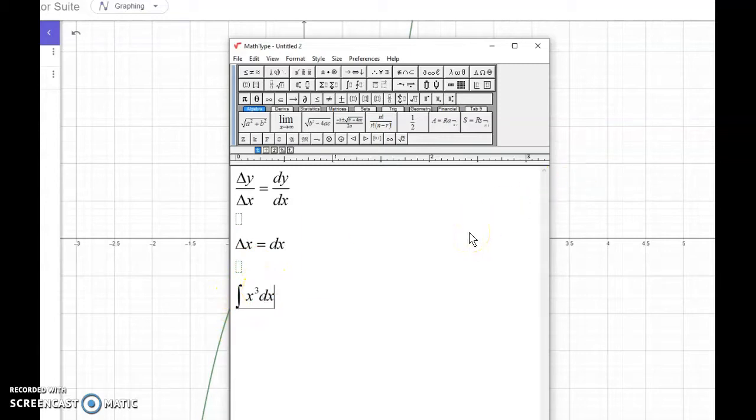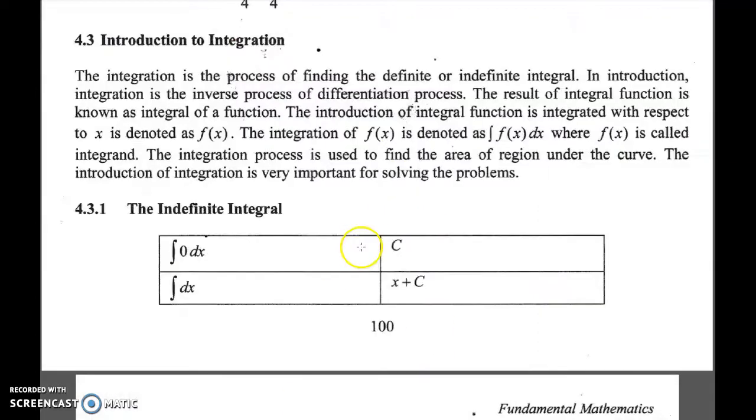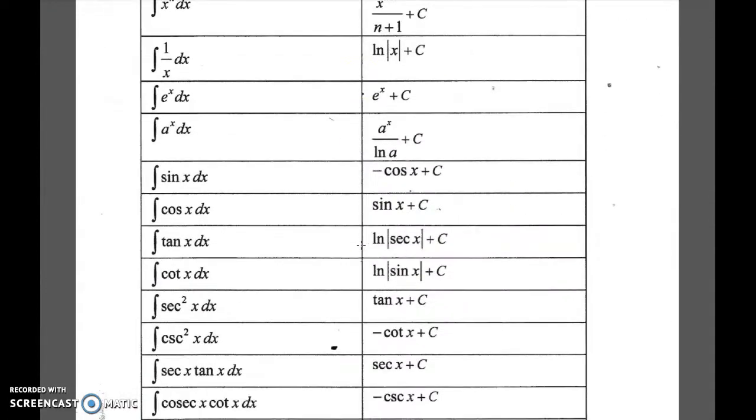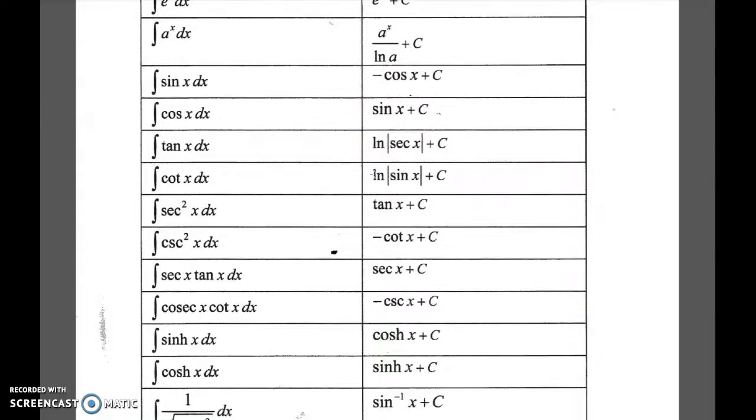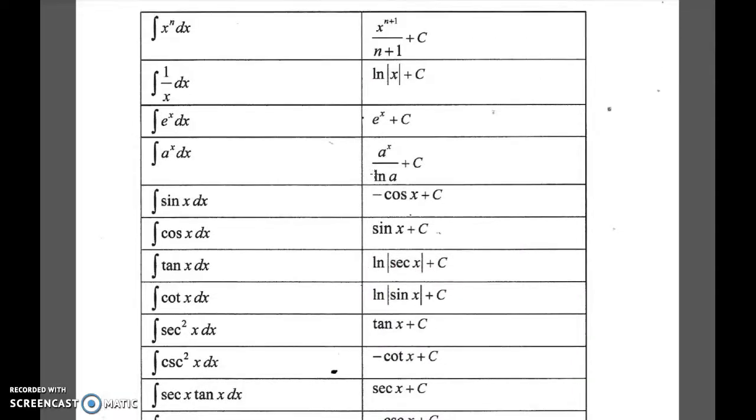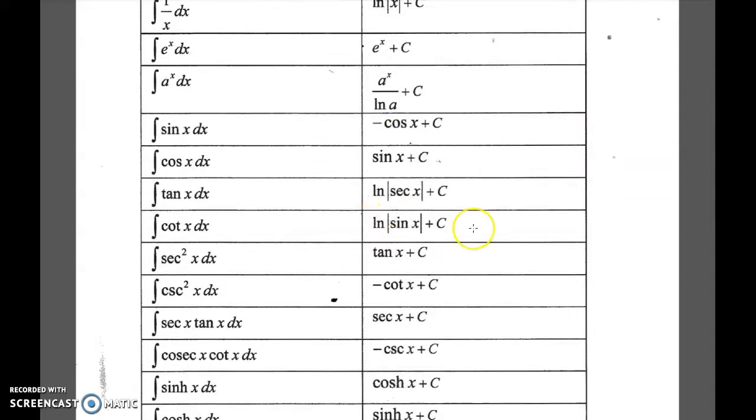Okay, so the next thing to do is to be familiar with the integration formulas that you have in our books, which is this. There is a whole bunch of them, but for some of them we can just use the idea of differentiation and revert it back, and some of them you will try to find.